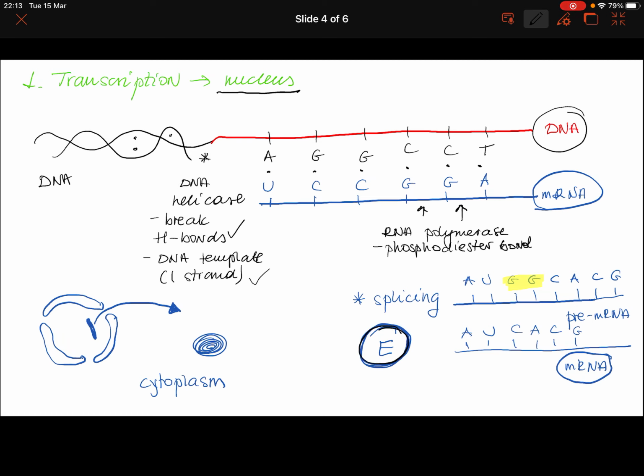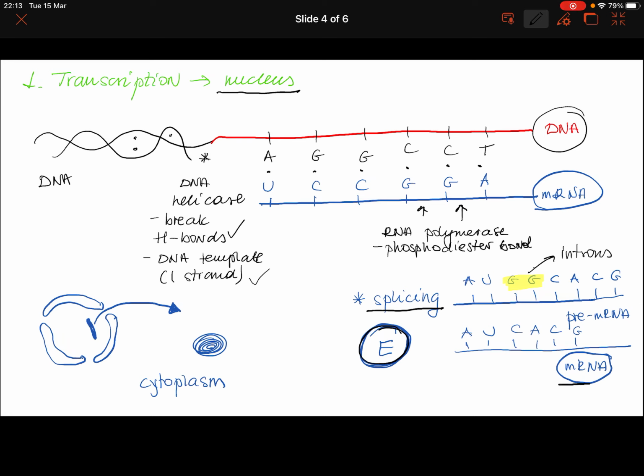If the process is taking place in a eukaryotic cell, splicing is necessary, which is the removal of introns, non-coding sequences.